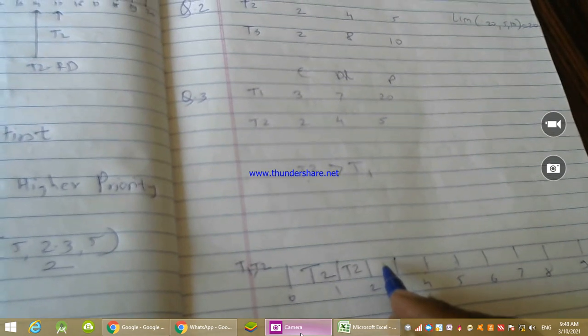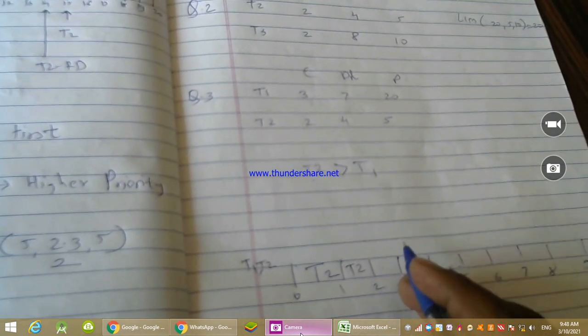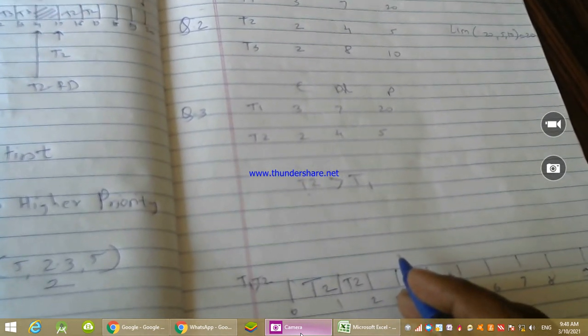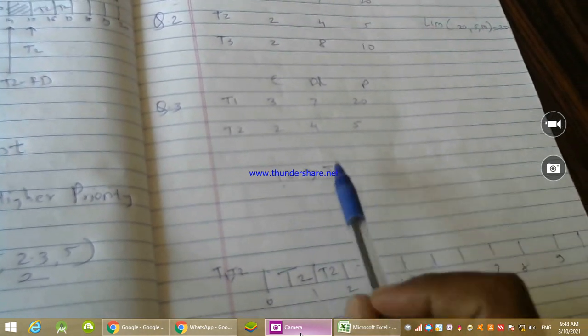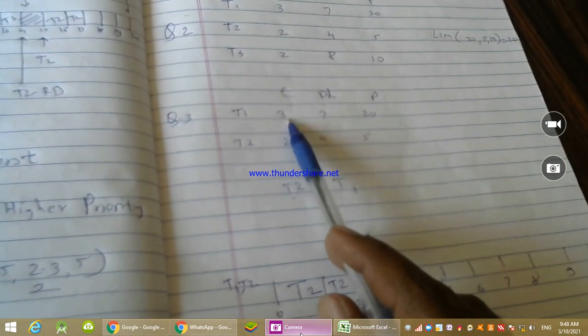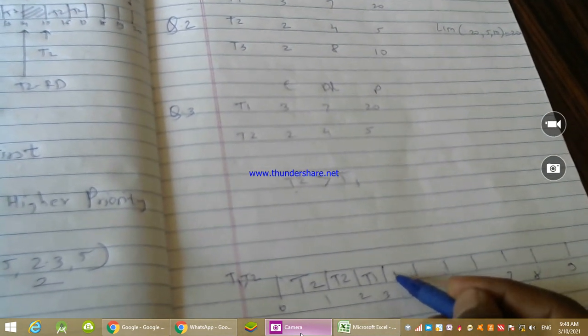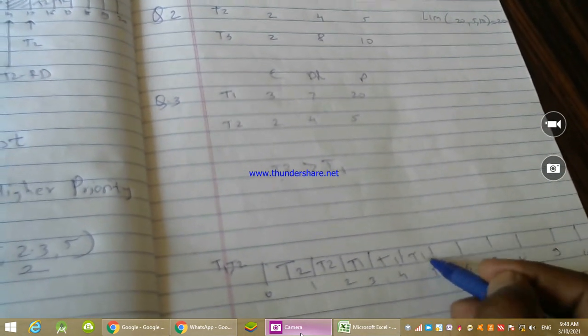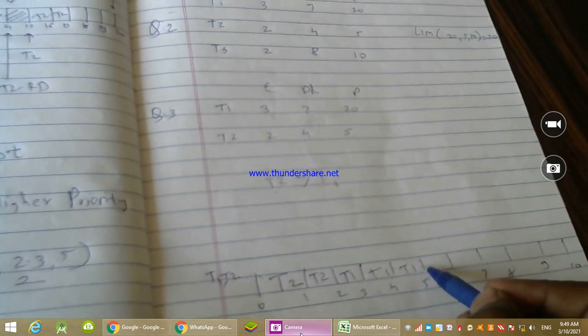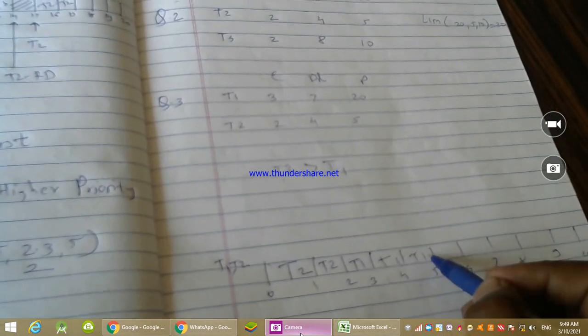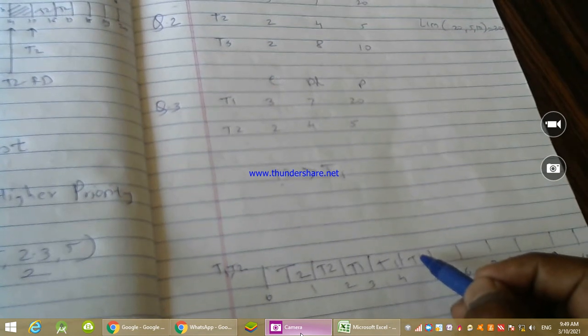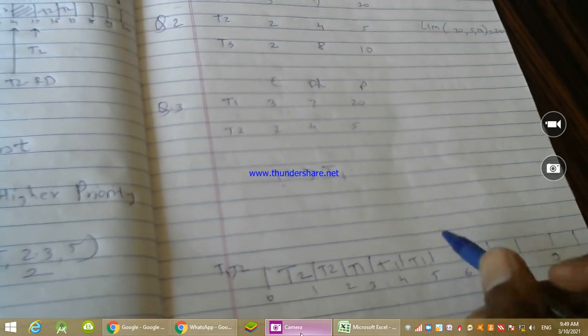Then the resources will be allocated to T1, and T1 has execution time of 3 units. So I write T1, T1, T1, up to 5, and it's okay before 7.